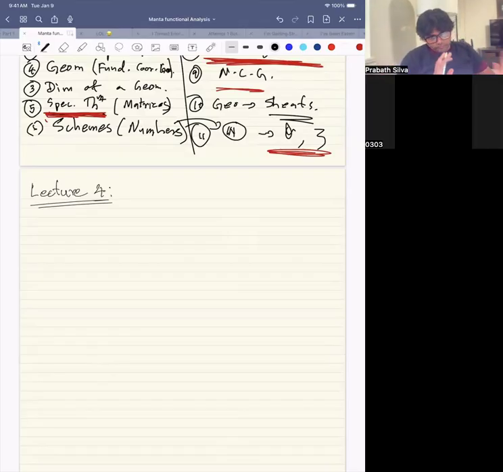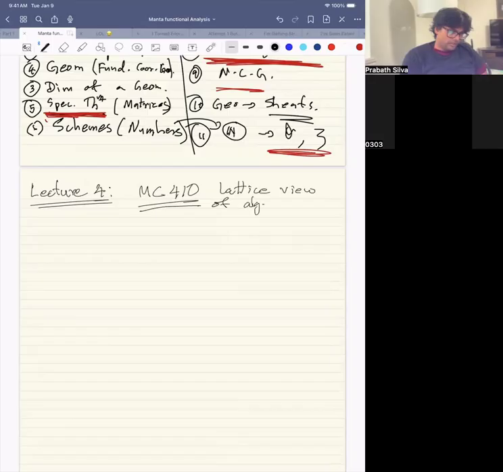Now this course, call it MC 410, I call this thing lattice view of algebra and geometry.